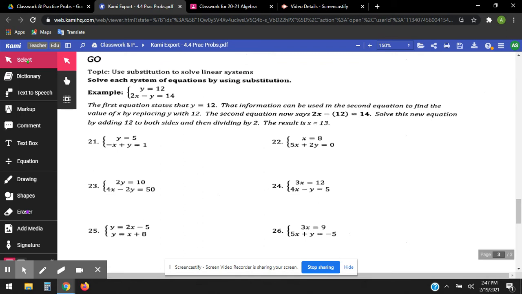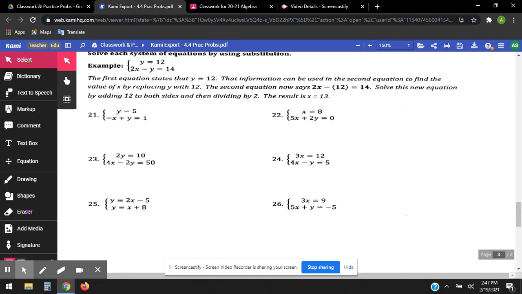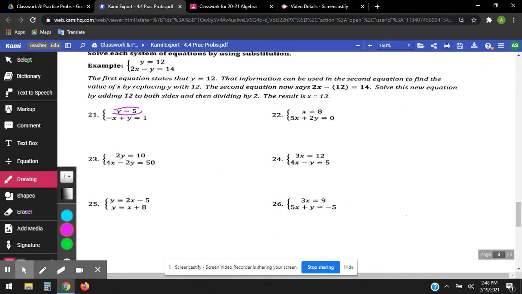We have to solve the systems of equations, and we actually want to use substitution for this. So for example, we can look at this first one. Since we know y equals 5, I can just substitute the 5 in for y.